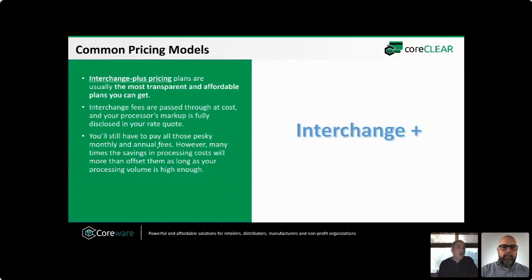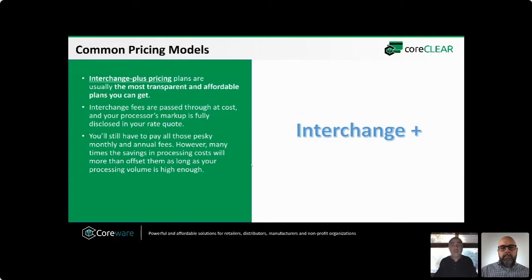So Interchange Plus is a cost plus model, right? So it's literally a straightforward model that basically says, take whatever the cost is on interchange and mark it up by a certain amount, right? And you negotiate that markup. And part of that negotiation may be based on what services you're getting and some other different factors.